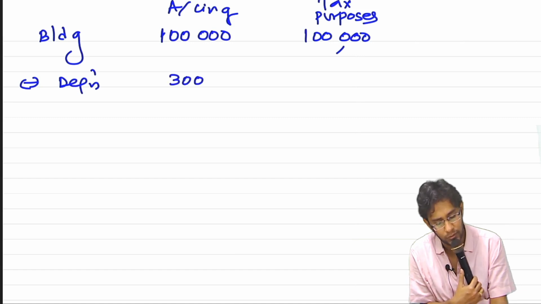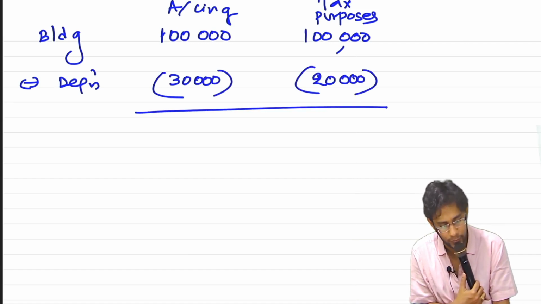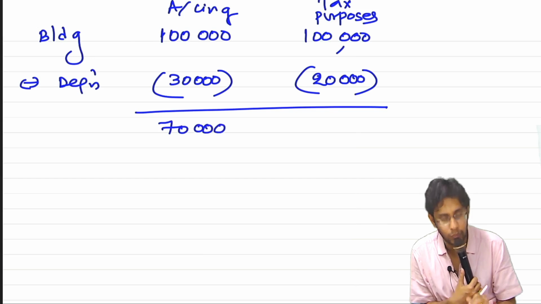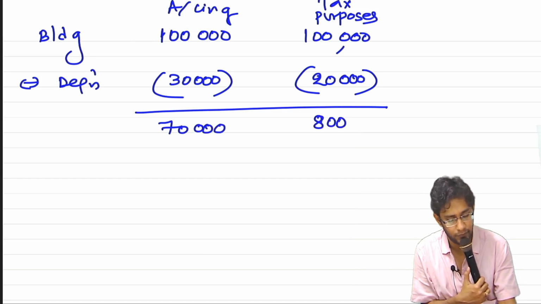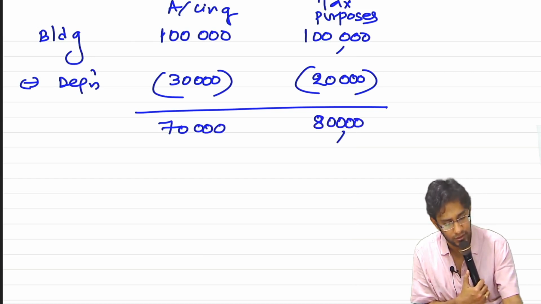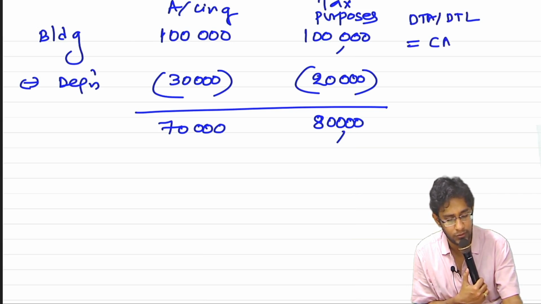I booked 30,000 depreciation. That fellow gave 20,000 depreciation. Now a difference came. According to me, carrying amount is 70, but according to that fellow, it is 80. At this stage, if I ask you to compute DTA DTL, it is CA minus TB into 30%.